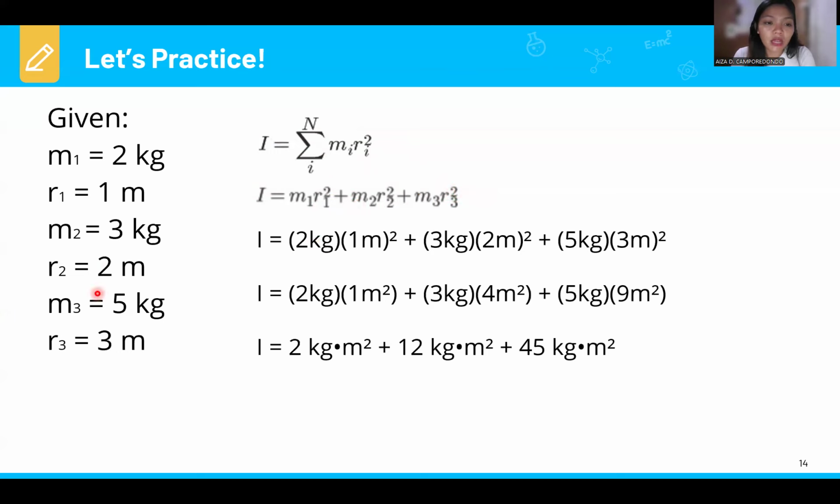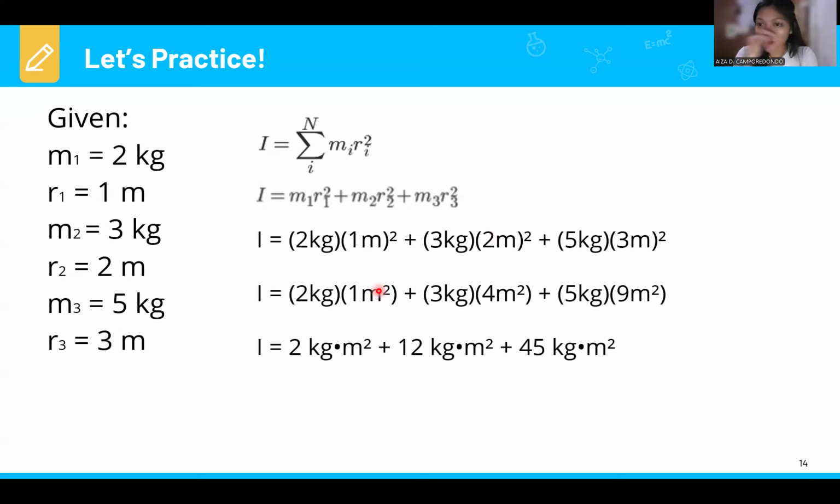Now, after that one, since we have the given value, we need to substitute this to that formula. Now, 2 kilogram is multiplied by 1 meter squared plus 3 kilogram multiplied by 2 meter squared plus 5 kilogram multiplied by 3 meters squared.